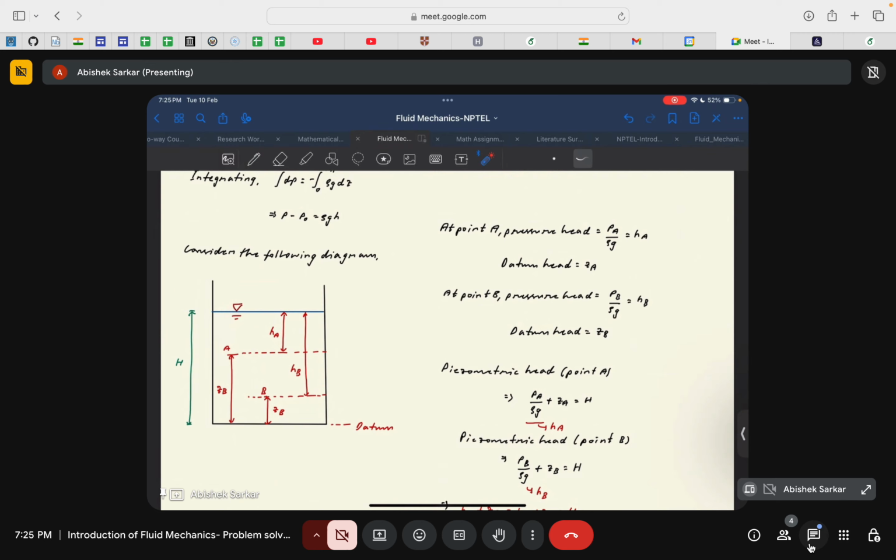Basically, pressure at point A would be rho g HA. And the datum head: if you take the bottom surface of this container to be your datum, then the potential head is the difference from point A to the datum, that is ZA. I'm sorry, I labeled it wrong, so it is ZA.